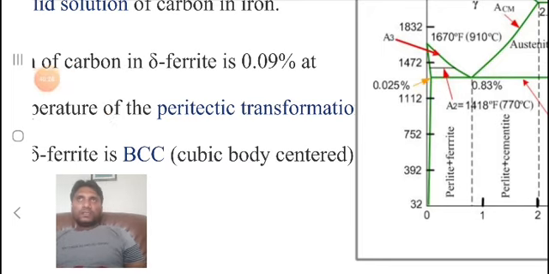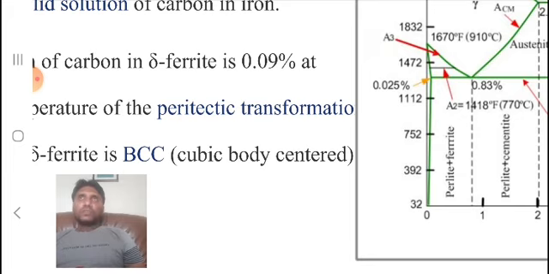Sorry, carbon content up to 0.15% is mild steel, and up to 0.3% carbon are low carbon steels, and from 0.3 to 0.5 or 0.6% are called medium carbon steels, and from 0.6 to 2% are called high carbon steels.